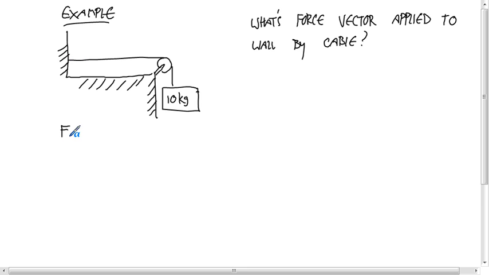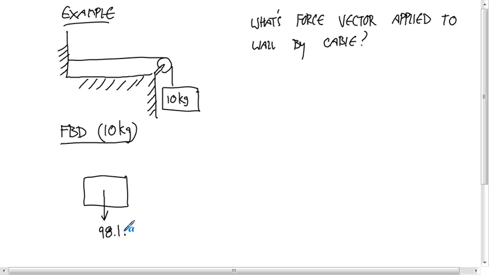So first I'll do a free body diagram of the mass. What forces are acting on the mass? There's one other one too. Gravity, yep. So first, there's a force acting down, 10 kilograms times 9.81 meters per second squared, so 98.1 newtons.